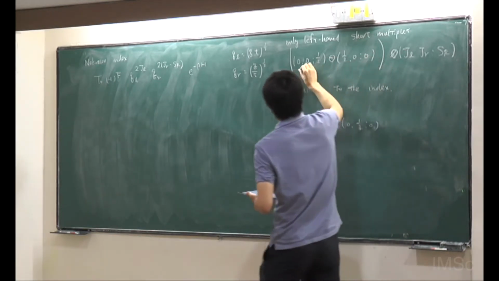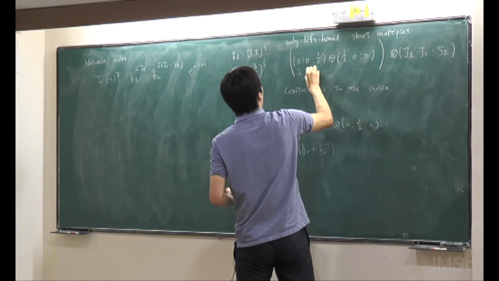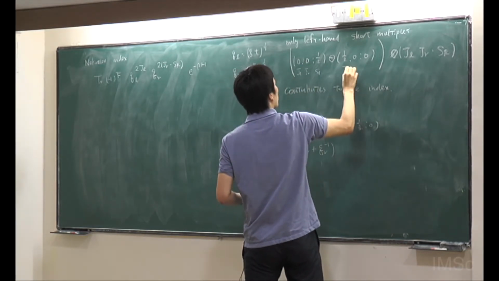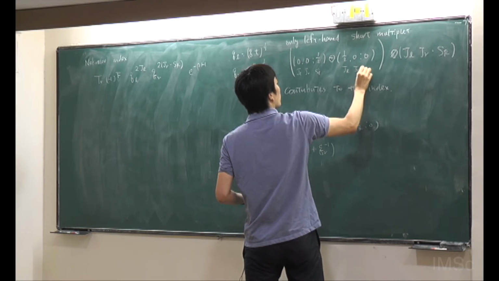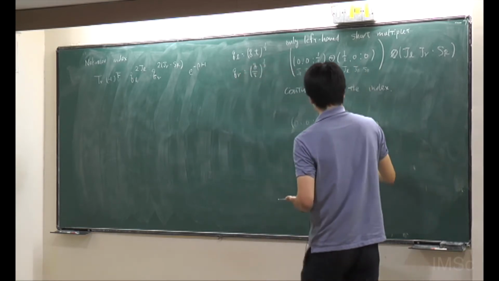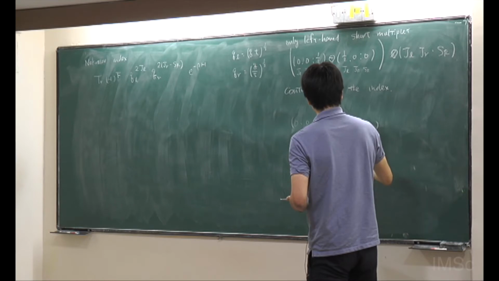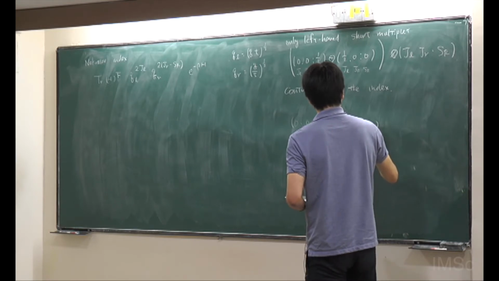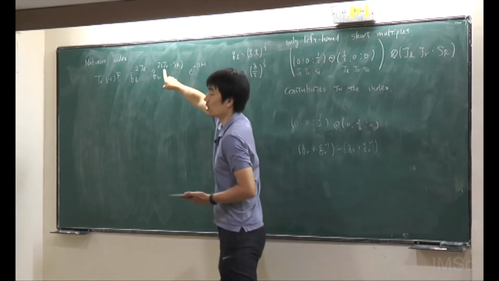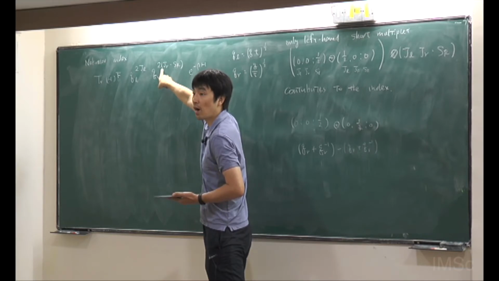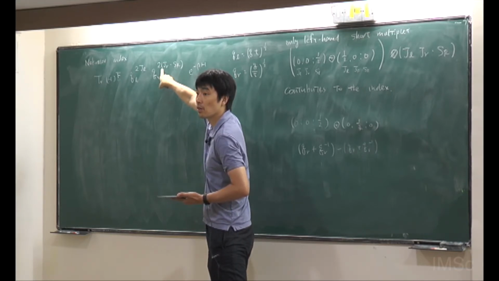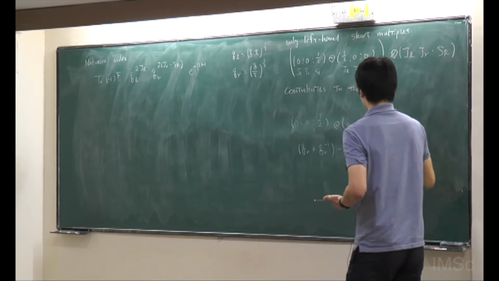Sorry, I should mention JL, JR, and SR, the same JL, JR, and SR. If you count JR plus inverse, you just substitute 1/2 and a -1/2 here, and what you get is 0.